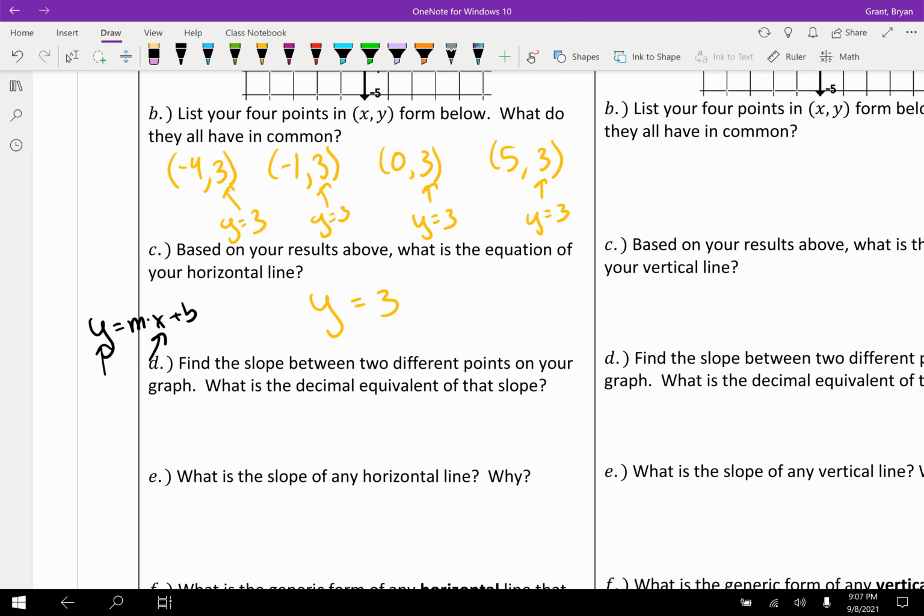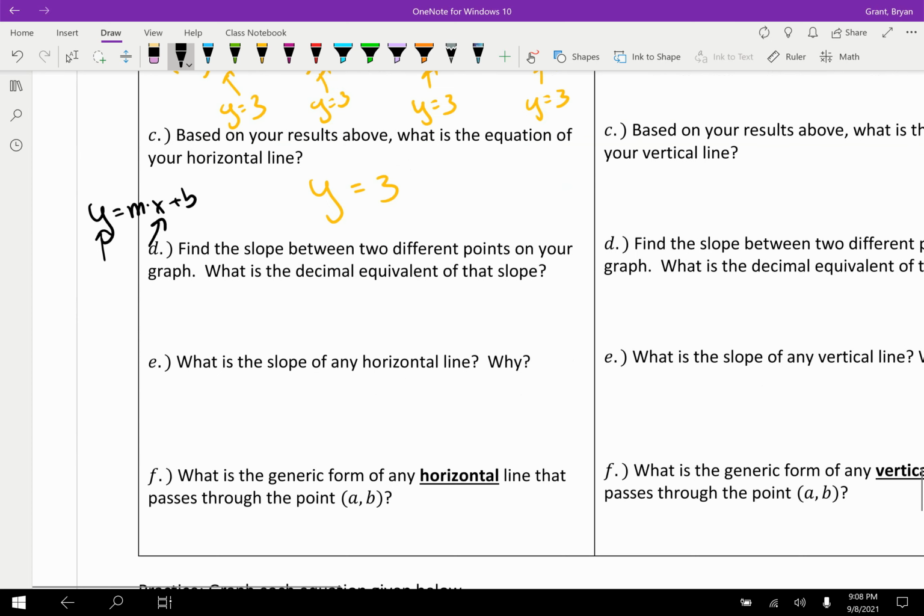So here is our horizontal line, and that's it. It's just y equals 3. There is no x. And that's because in our points, the y has to be 3 every time. The x can be anything you want. So our equation doesn't depend on x. It's just telling you y always has to be 3.